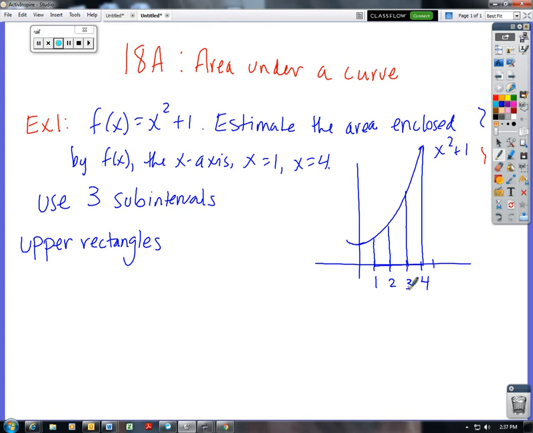And so on my first rectangle from 1 to 2, if I want the rectangle to be above, I'm going to be using the right-hand side, because if I come across, maybe I'll do this in a different color. So that would form an upper rectangle. And then the next one will be here, and then the next one will be here.